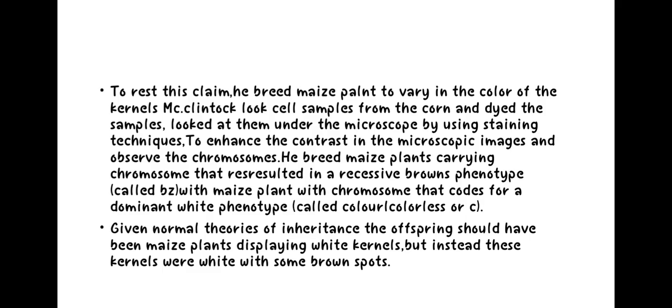McClintock took cell samples from the corn and looked at them under the microscope, using staining techniques to enhance the contrast in the microscopic images and observe chromosomes. She bred maize plants carrying chromosomes that resulted in the recessive brown phenotype called bz.